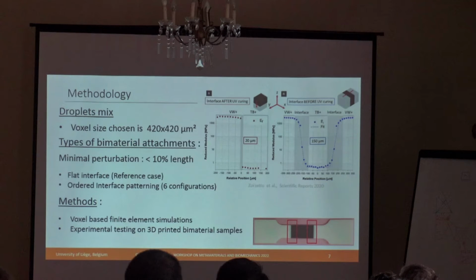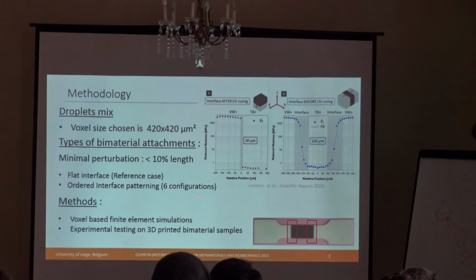And the perturbation goes on 4 of those voxels at the interface. So the interface is made of 4 of those voxels, which represents less than 10% of the length, which we said is then minimal perturbation. For the different patterning and geometries that we investigate, we have a flat case, which serves as a reference one.